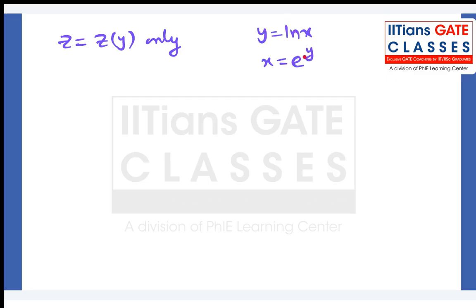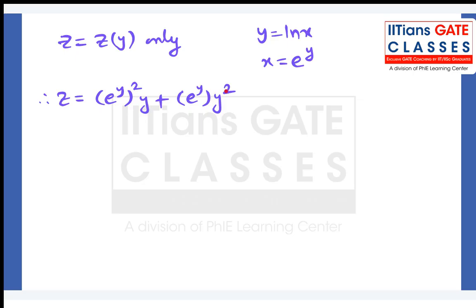So wherever you have x, replace it by e power y. Therefore z will become x square, so e^y square into y plus x into y, so e^y y square. That is from xy square plus x square y. And now you have to solve this further.